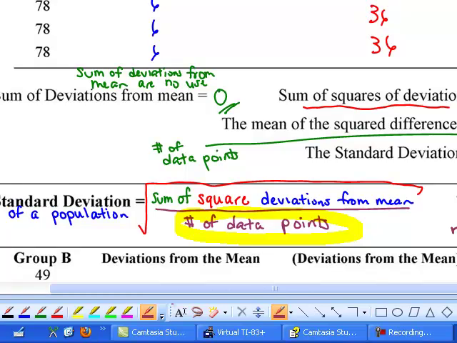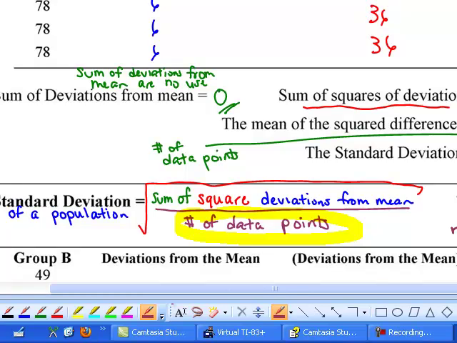It's not the number of data points, but the number of data points minus 1. And that has to do with the degrees of freedom. I don't want to get into that. That's in a statistics course.